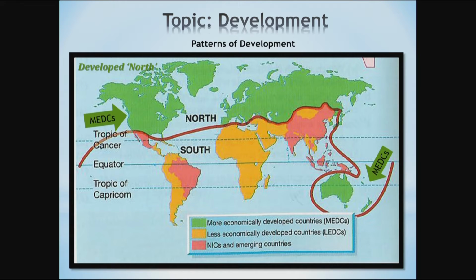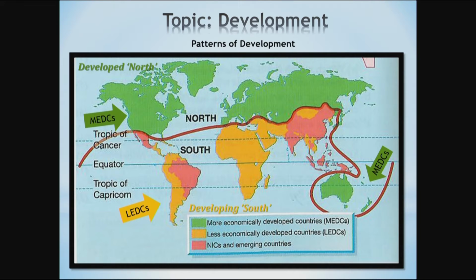Also, we noted that even if Australia and New Zealand fall in the southern hemisphere, they are part of the MEDCs. And then we have the less economically developed countries, which include the poorer, less industrialized countries of the so-called developing South.